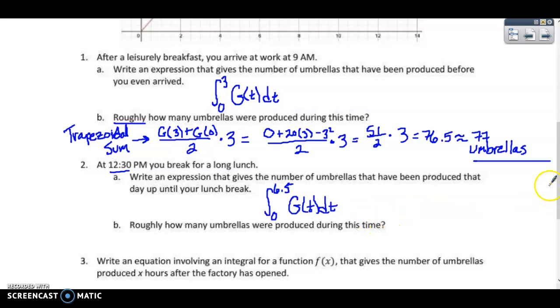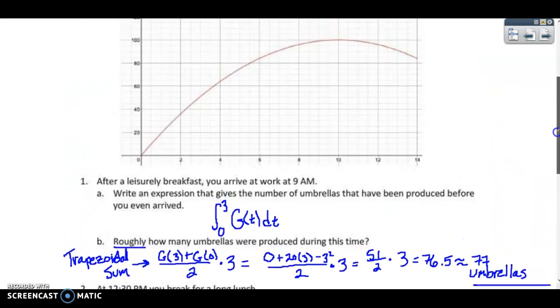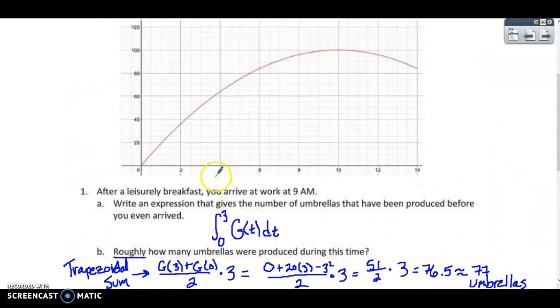Now, roughly, how many umbrellas were produced during that time? Well, thankfully, if you think about it, we've already done this. If this is 3 here, and we've already used our trapezoidal rule, we'll drop a perpendicular here. And then this is the estimated area that we calculated earlier that gave us the accumulation of umbrellas from hours 0 to 3, but now we want to calculate from 0 to 6.5.